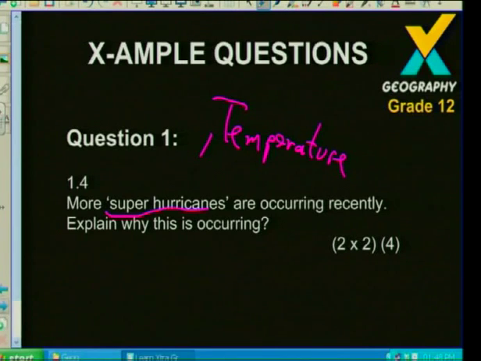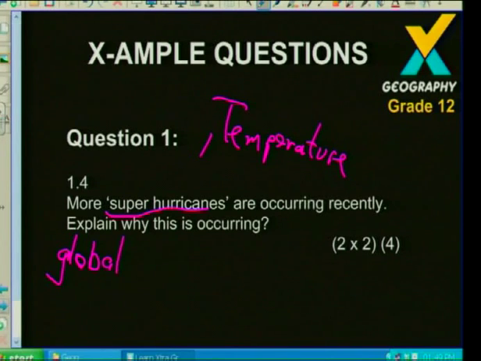And we need to ask ourselves a question: is the temperature of our planet getting higher? Are the average temperatures getting higher? And yes, they are. What is the factor causing that? It is global warming. We need to look at that, because we could get stuck if we don't realize that the main thing that drives a hurricane is temperature.